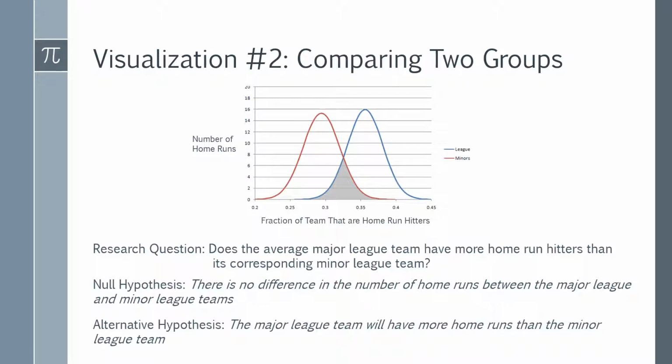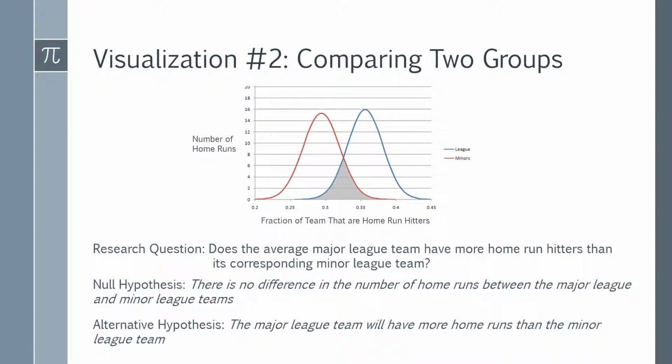So when we look at the visualization, the two bell curves over here, you can clearly see that the major league teams have more home run hitters than the minor league teams.